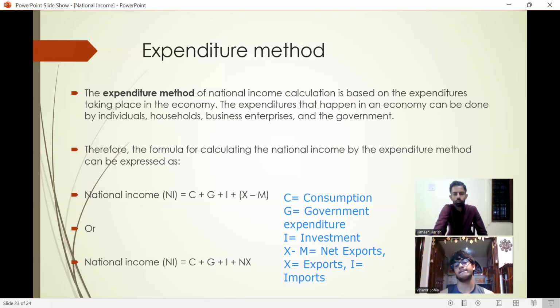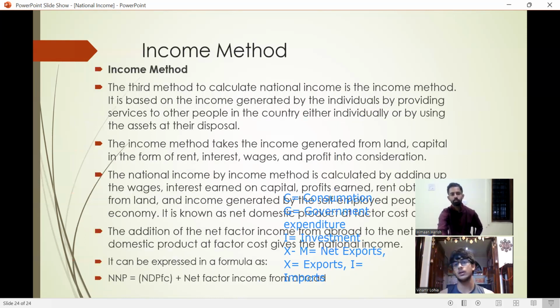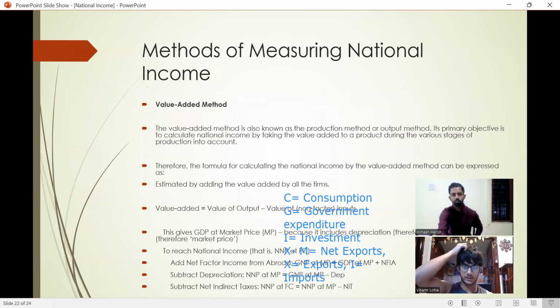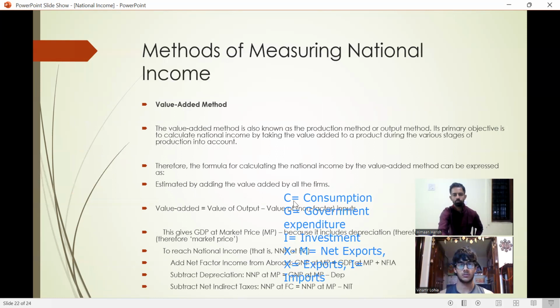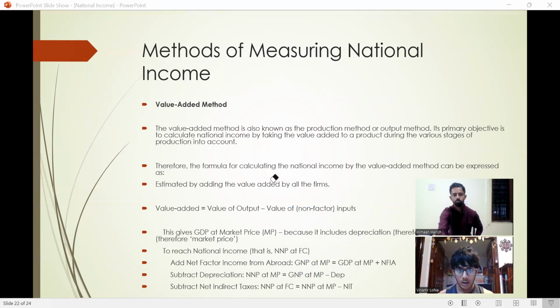So we finished covering two methods, the value added method and the expenditure method. Can we go back to the value added method once? The last three points are the three formulas.